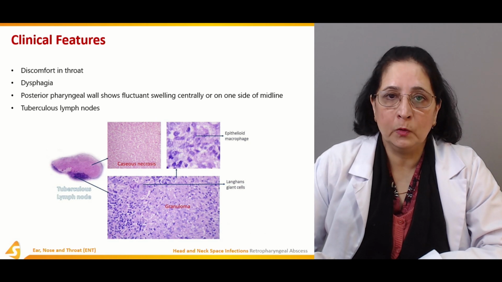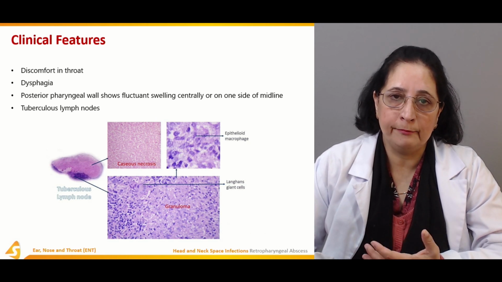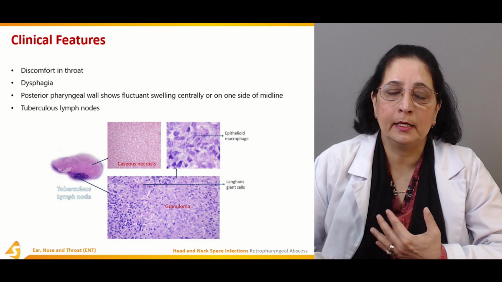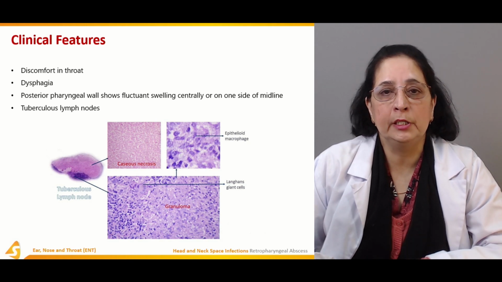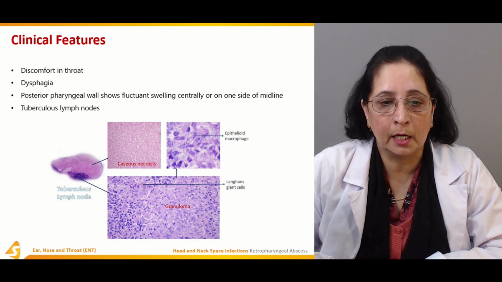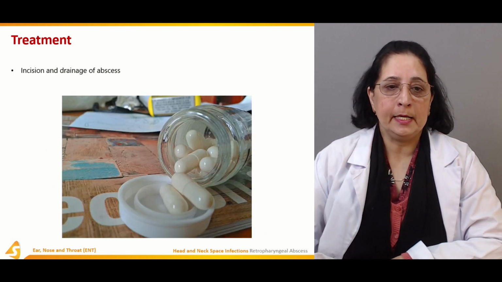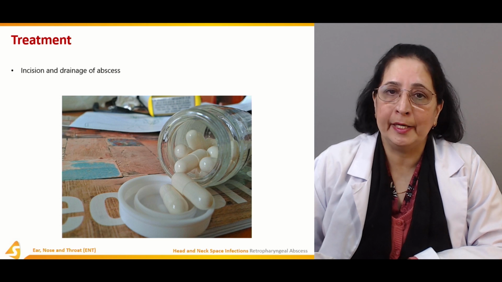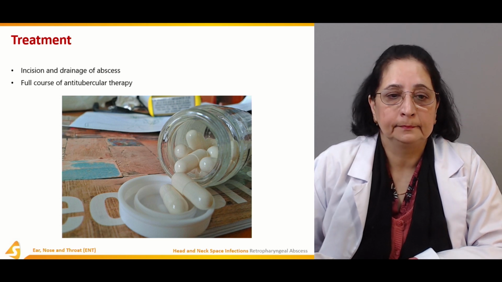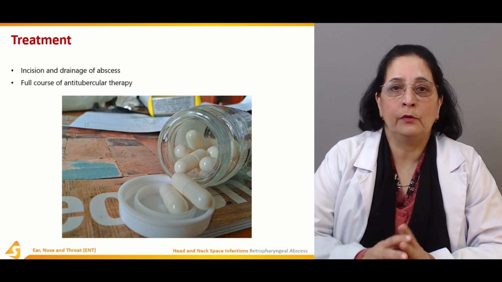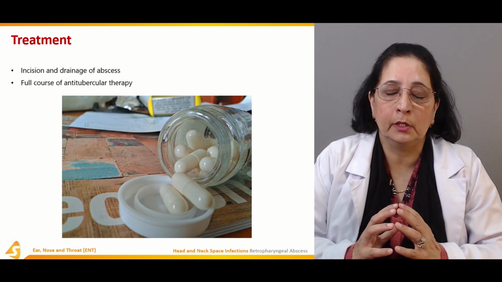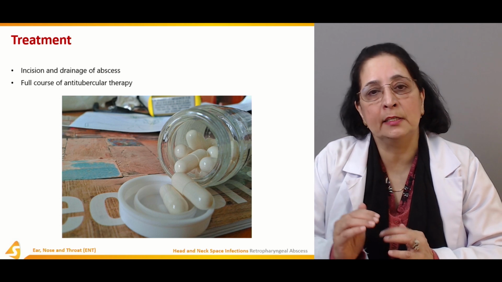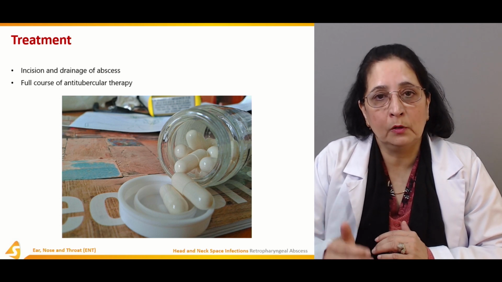Tuberculous lymph nodes are found once the lymph nodes are removed and examined for infection. Treatment is incision and drainage of the abscess, and a full course of anti-tubercular therapy in case it's due to tuberculosis.